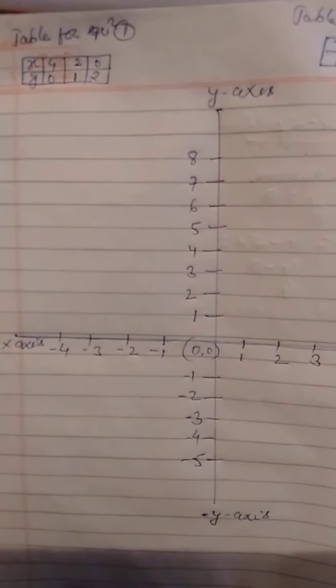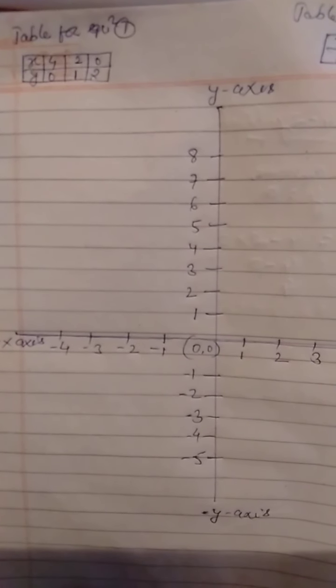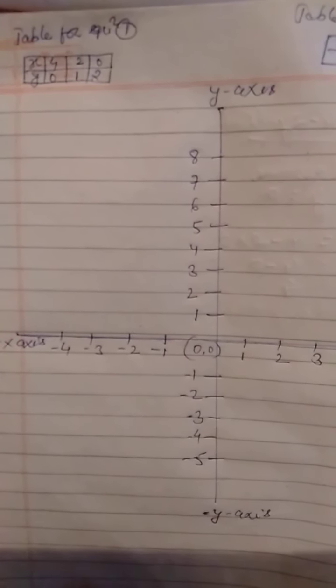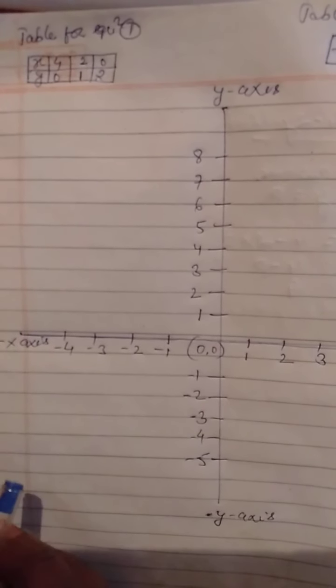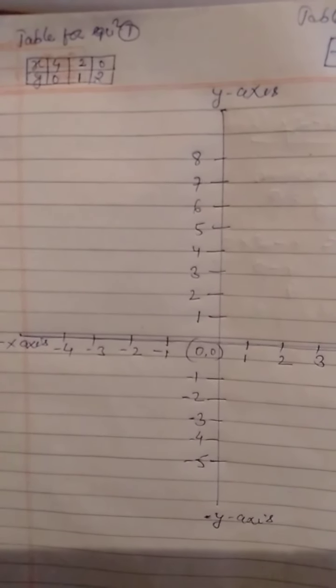So the value of x from table 1, that is the table of equation 1, is 4. The value of x is given here 4, so we will represent a point there.